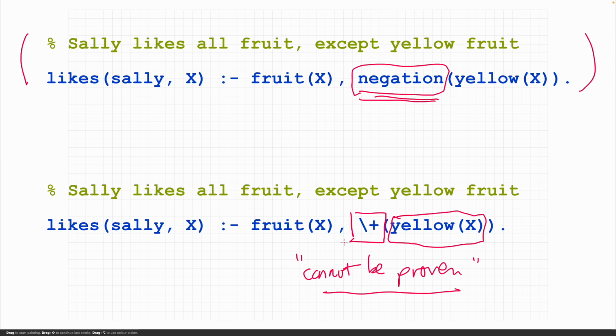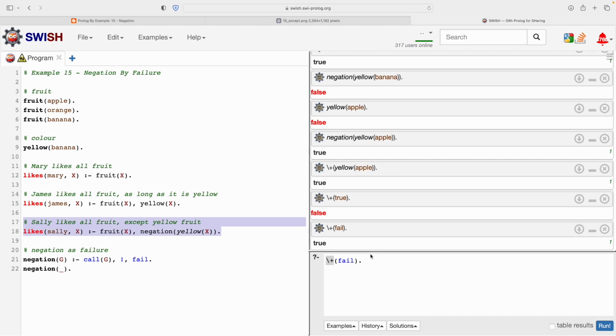So to read this, we say Sally likes something if that thing is a fruit and it cannot be proven that it's yellow, which is equivalent to except yellow fruit. So that's the reading of that. I don't know if that's got an actual name. Let's just try that.